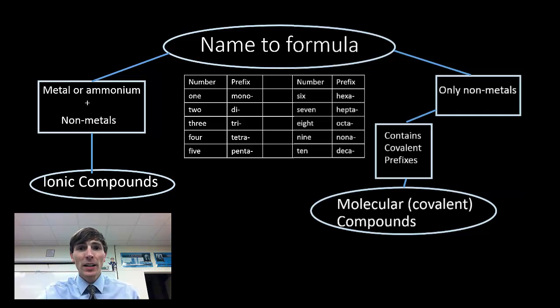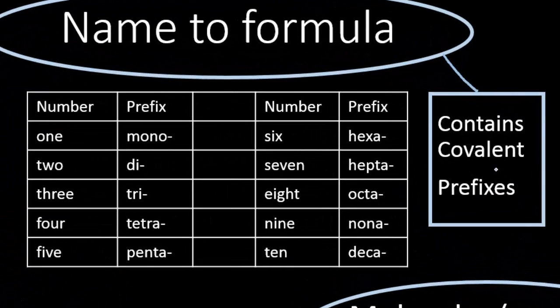How we can recognize a name that is talking about one of these types of compounds is that it will absolutely have what's called a covalent prefix. These covalent prefixes are found in that handout that you have, and I've also listed them here. Prefixes are just things that go in front of words. So mono means one, di means two.